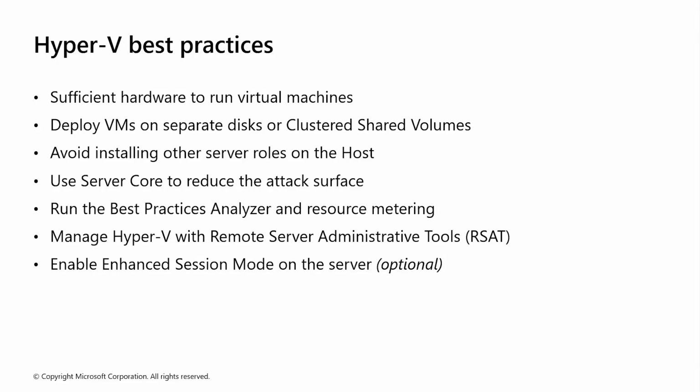It is best to dedicate your Hyper-V host solely to virtualization and avoid installing any other server roles on it. Utilizing Server Core installation is recommended, as this approach reduces the attack surface and minimizes resource consumption.